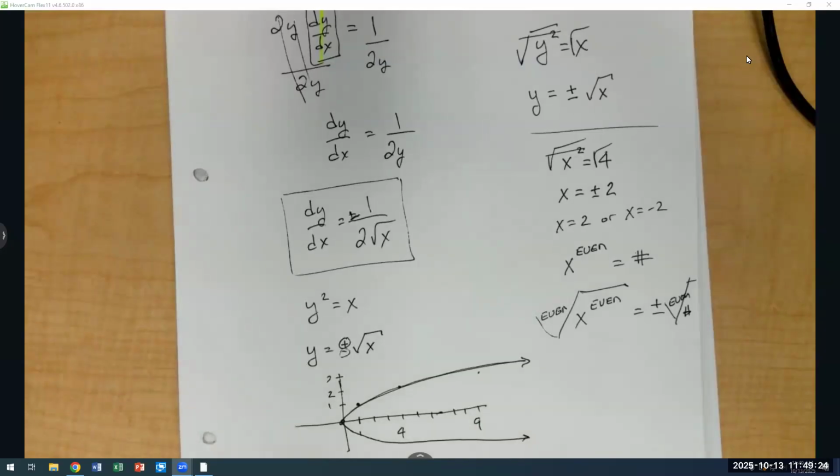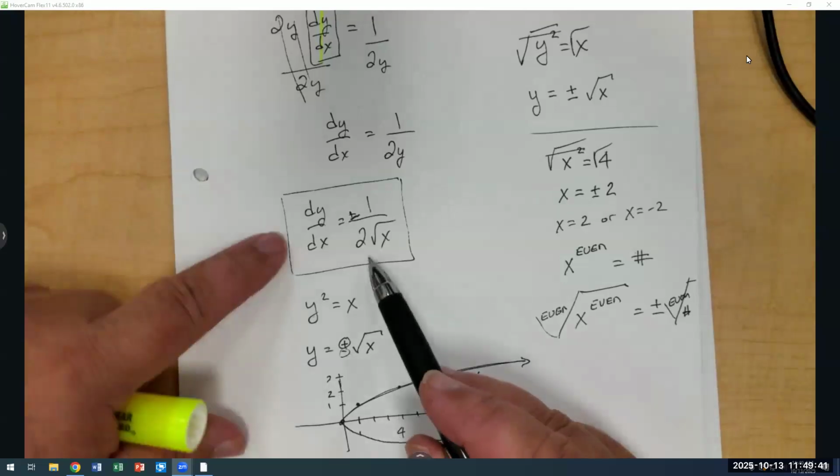Is it a function? No. We knew it wasn't a function because y squared equals x. That means you get two y values for the same x value, which is not a function. Vertical line test.